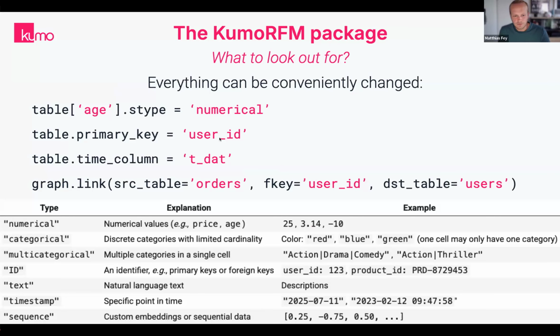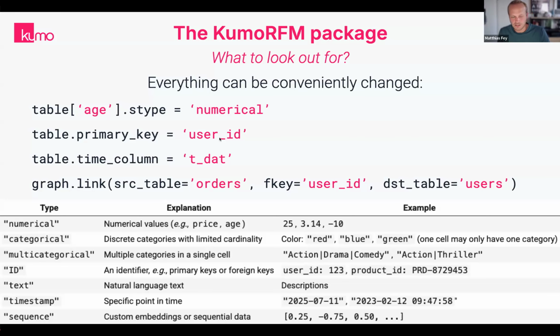Lastly, I want to give a quick tip on what is the best way to get started and what to look out for. We have this inference logic that infers graphs, infers primary keys, and so on. This was tested quite extensively, but it still cannot be guaranteed that this works in 100% of all cases. But most importantly, you can change everything that was inferred.